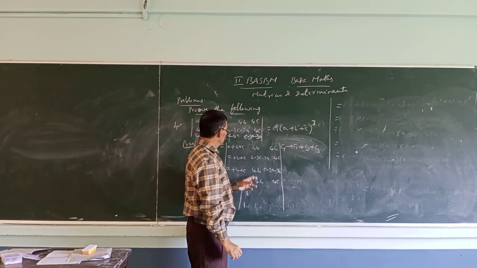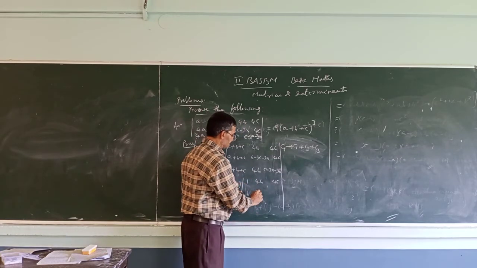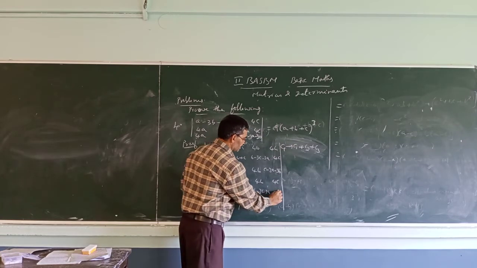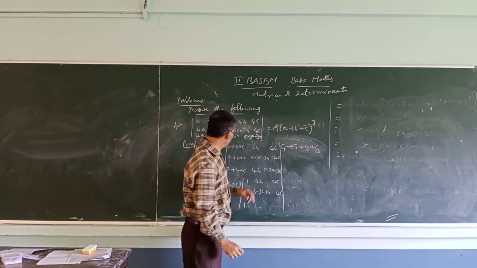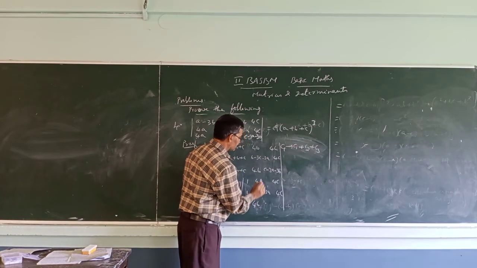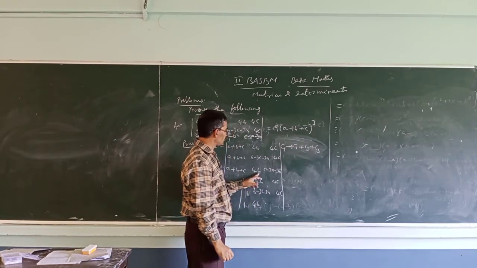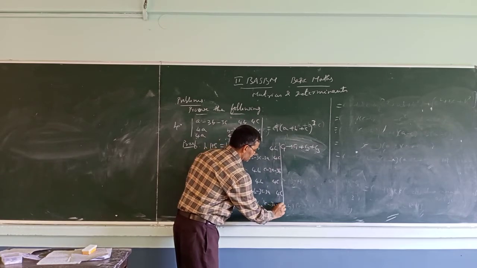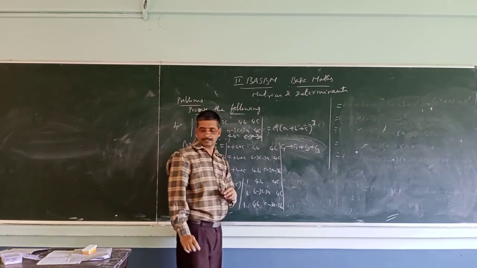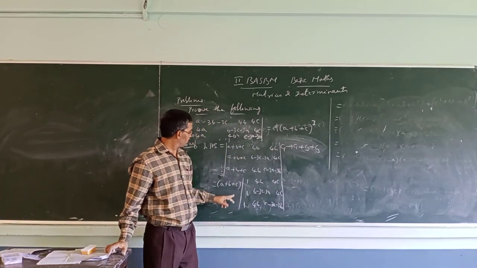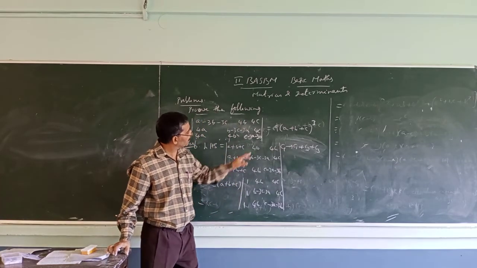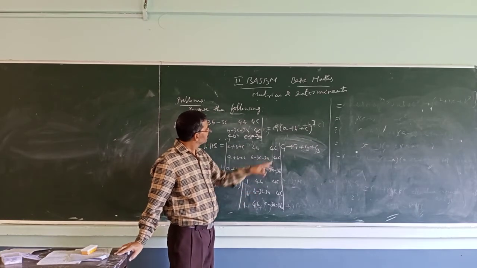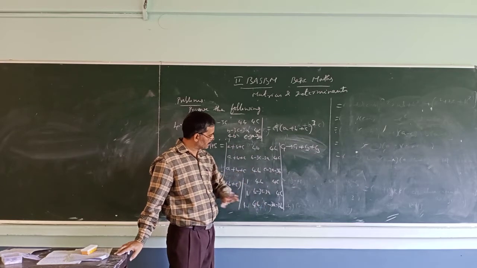Next, b minus 3c minus 3a, 4c, 4b. Next, c minus 3a minus 3b. So 1, 1, 1 you have written, a plus b plus c you have taken out. Others are the same.